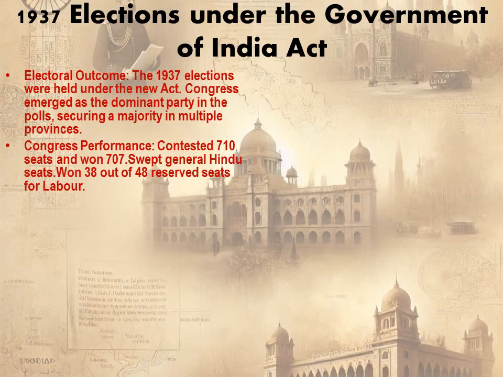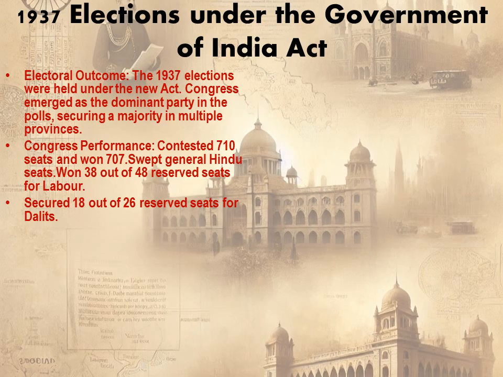They swept through general Hindu seats because Congress had a lot of Hindu support. So they won all the major Hindu seats, won 38 out of 48 reserved seats for Labour. So 48 seats were reserved for Labour, and among those 48, Congress won 38 of them.